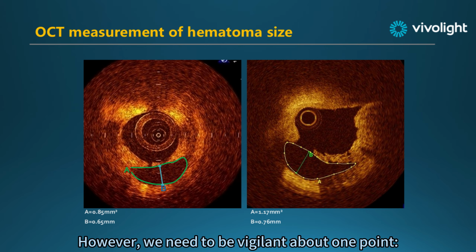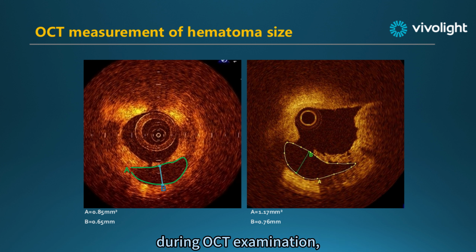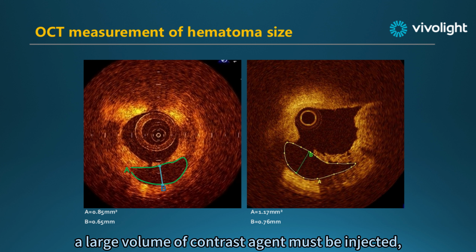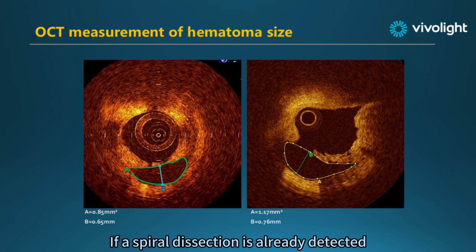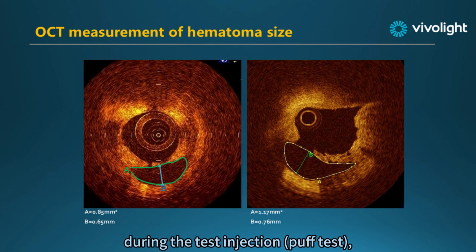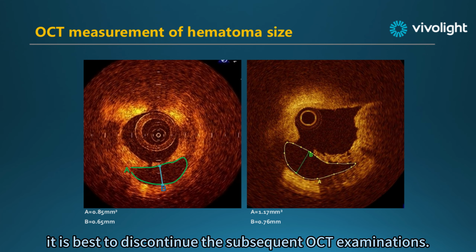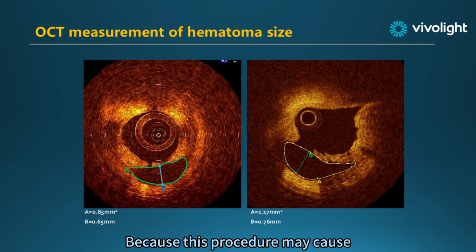However, we need to be vigilant about one point. During OCT examination, a large volume of contrast agent must be injected, and sometimes the injection pressure may be relatively high. If a spiral dissection is already detected during the test injection, the puff test, it is best to discontinue the subsequent OCT examinations, because this procedure may cause the dissection to enlarge significantly, which can become difficult to manage.